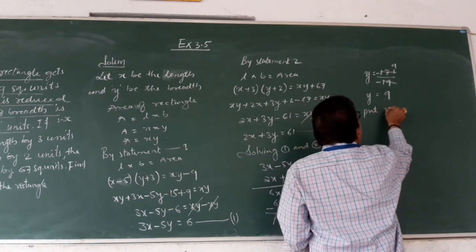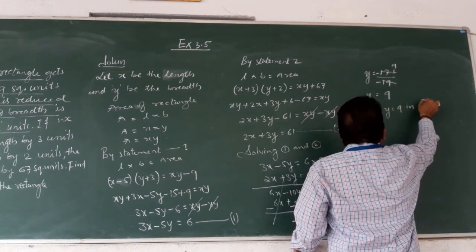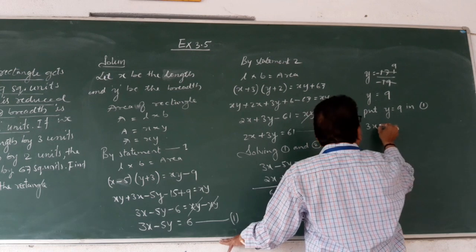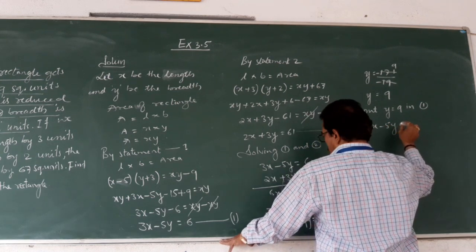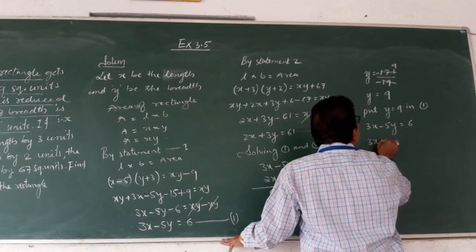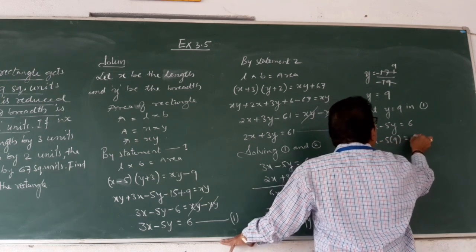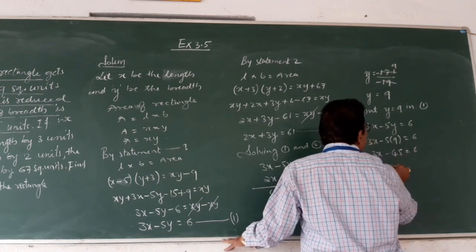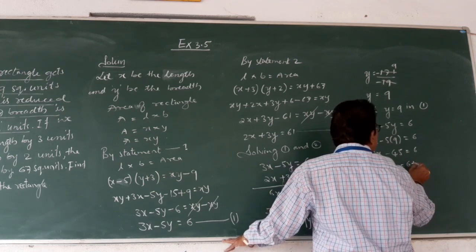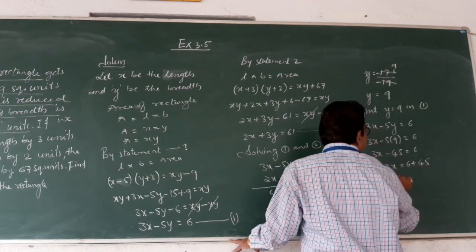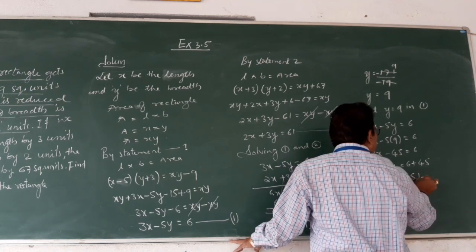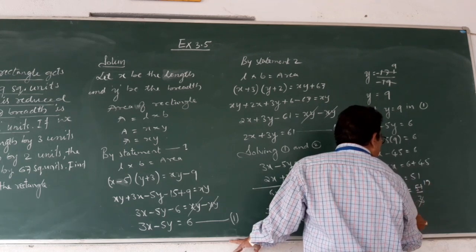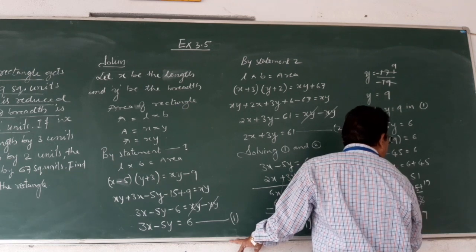Put y equals 9 in equation 1. So 3x minus 5y equals 6, 3x minus 5 into 9 equals 6. 3x equals 6 plus 45. 3x equals 51. x equals 51 by 3, x equals 17.